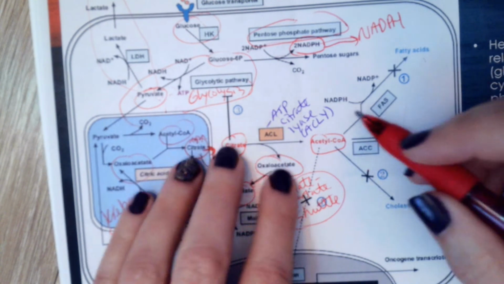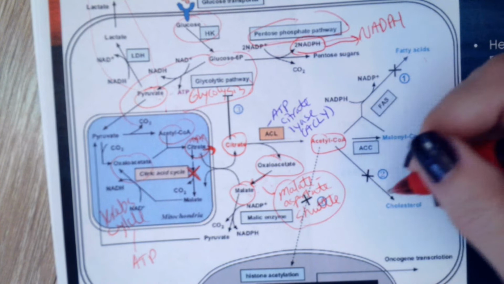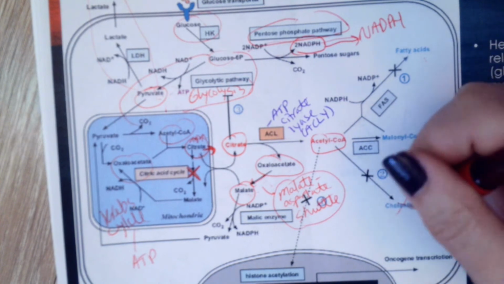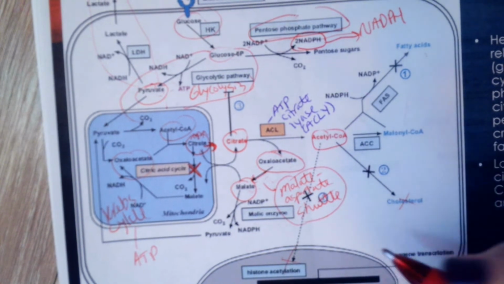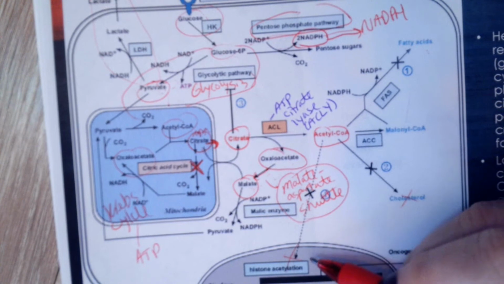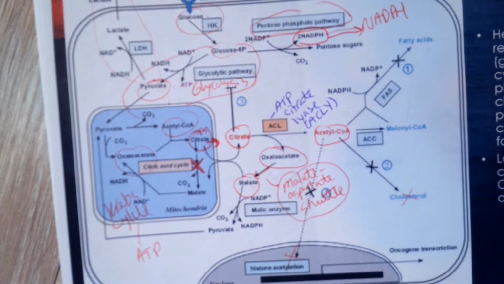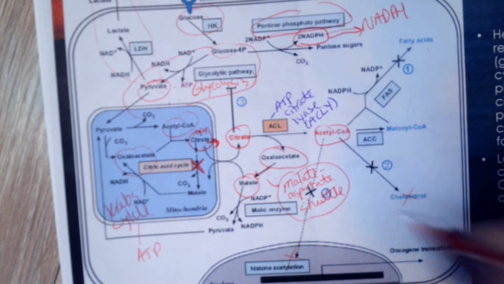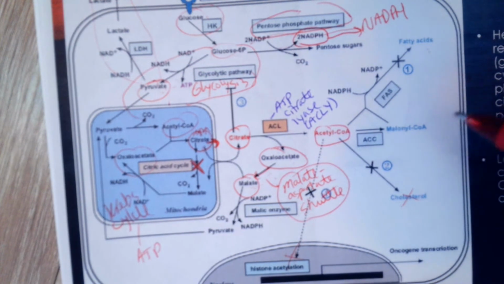Now, as we start to move from here, we're not going to think about what's happening with cholesterol over here or histone acetylation. Histone acetylation has to do with gene transcription and turning on certain specific genes. So it is an important thing, but it's just not what we're worrying about here.